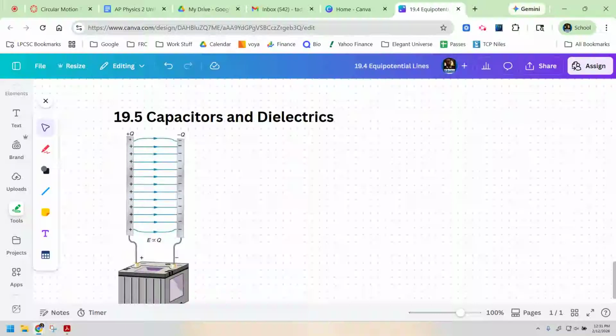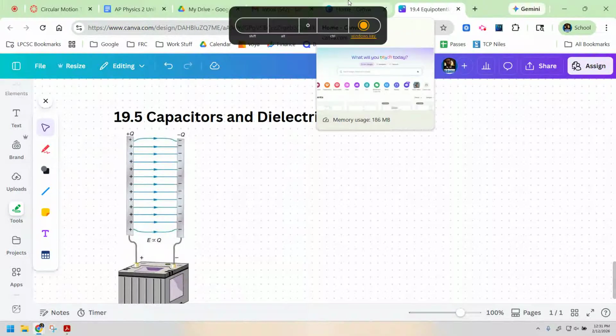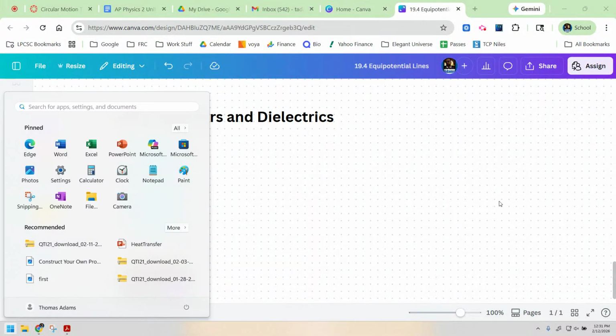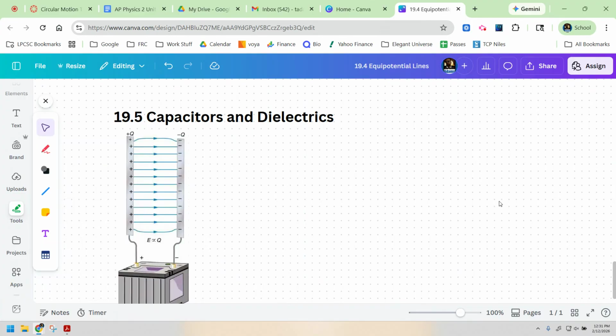All right, so today we're gonna jump into capacitors. Capacitors are a cool thing.